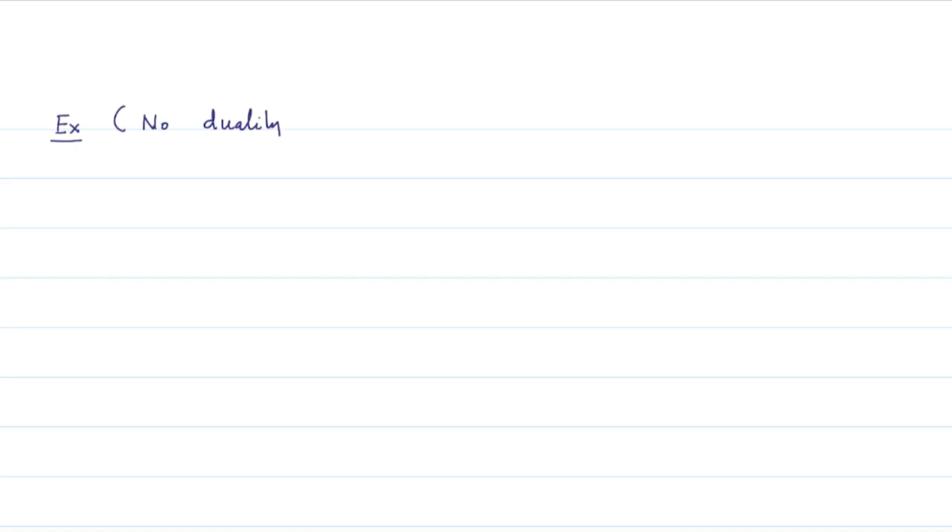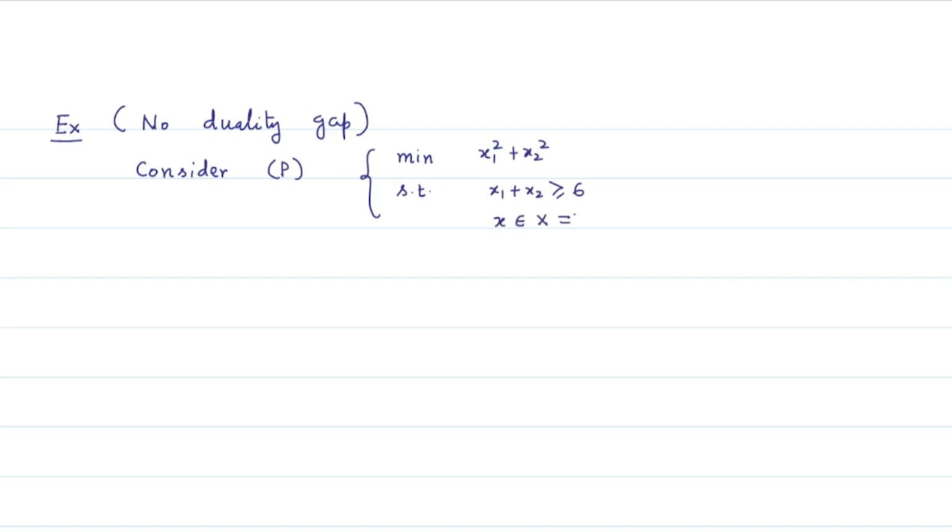For such an example, you consider the primal problem as the minimization of the function x1 square plus x2 square subject to x1 plus x2 greater than or equal to 6, and x belonging to the set capital X, where capital X is the first quadrant of the R2 plane.